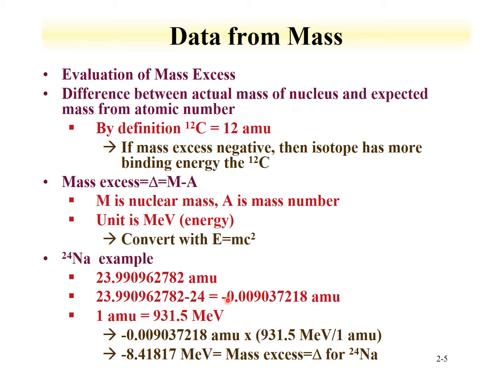We get a value, and we multiply it by 931.5, and we get this mass excess. You won't have to do this. There are actually large tables with this mass excess data. Remember, it's the delta. The table of the isotopes, for instance, which we talked about in lecture 1, has all the mass excess for all the isotopes listed. Again, this is all derived from E equals mc squared.